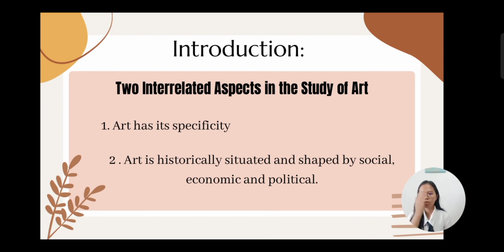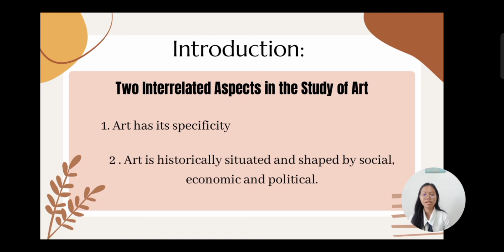So the second aspect of the study of art is that it is historically situated and shaped by social, economic, and political forces. So meaning art has its own genre, design, form, and style. Also, art conveys political, religious, and philosophical themes and judgment that arise as much from the artist's environment as they do from his or her creative impulse.